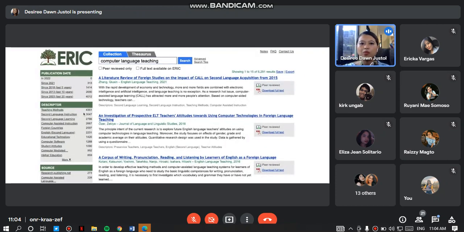You can filter here by publication date. So in 2022, you would also know how relevant and important your study is. For example, computer language teaching, but in 2022 there is still no published research about it. So it's zero. Can you see it?